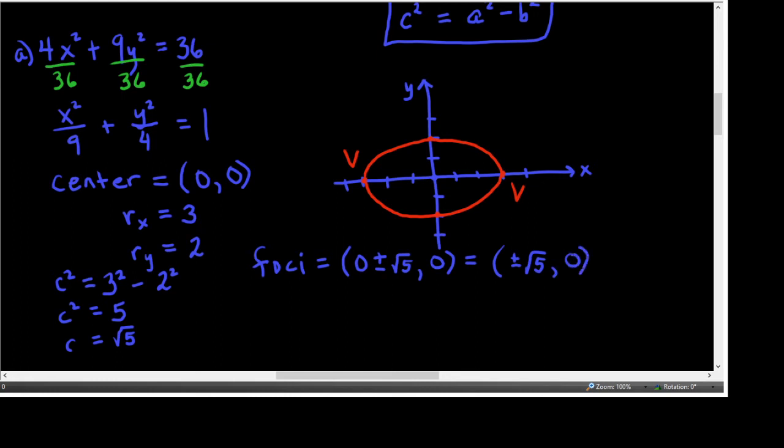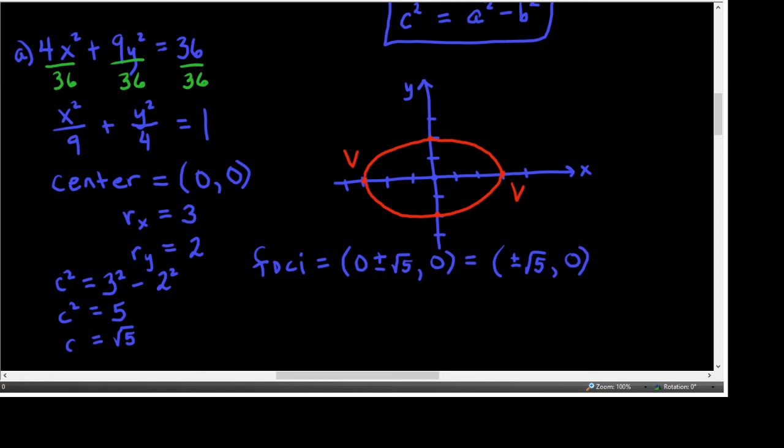If any of these points that I ask you to find involve radicals and you end up having a plus or minus in there, you do not need to write it as 2 separate points. This could be written as square root of 5, comma 0, and then negative square root of 5, comma 0. But when you have a radical expression with a plus or minus in front, you may leave it as a combined thing. This is actually 2 points in one ordered pair because of the plus or minus.